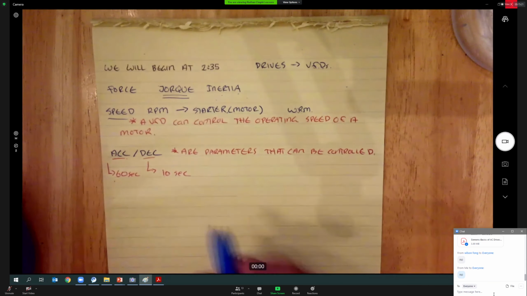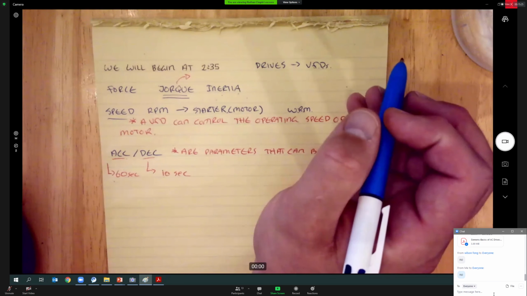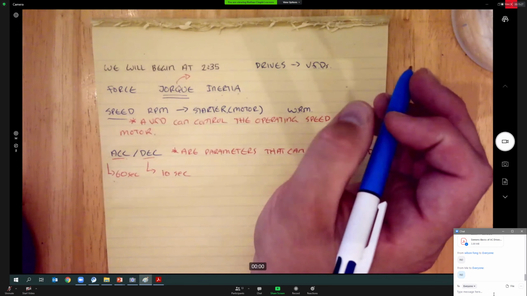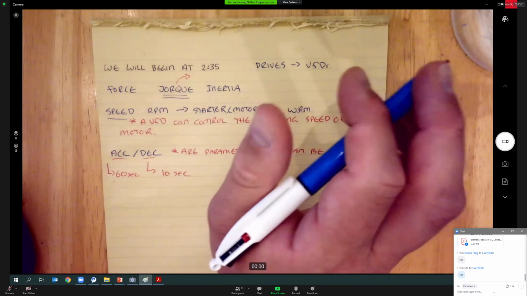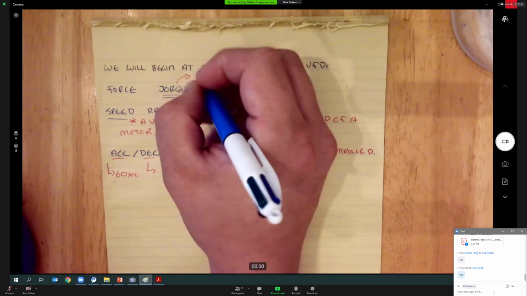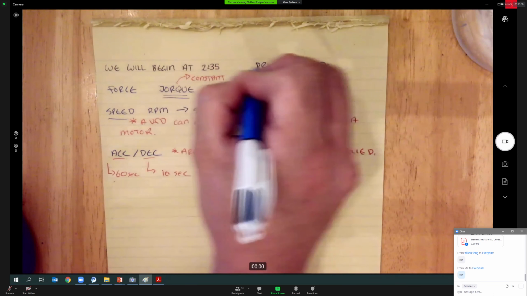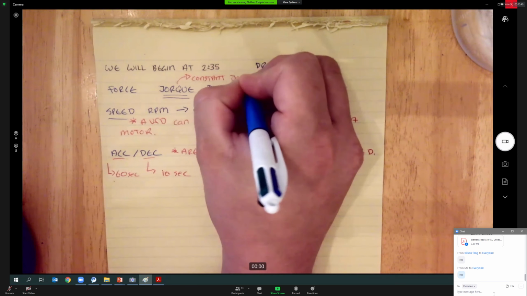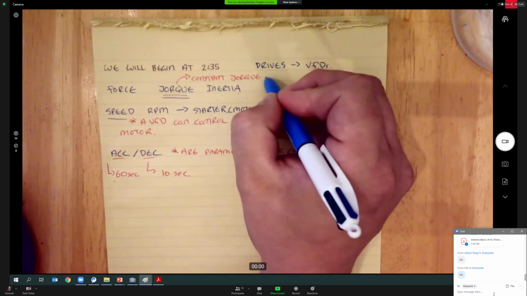So if we go back to torque up here, there are three main torque settings in a variable frequency drive. And this is independent of any manufacturer or anything like that. So there is something called constant torque. I will explain all of these to you in a little bit.